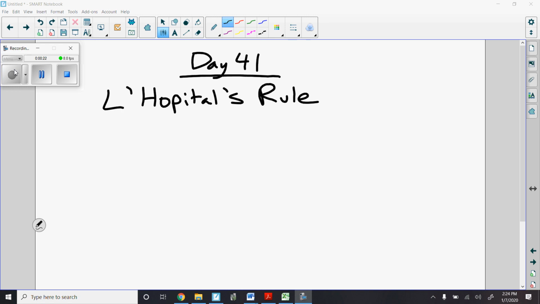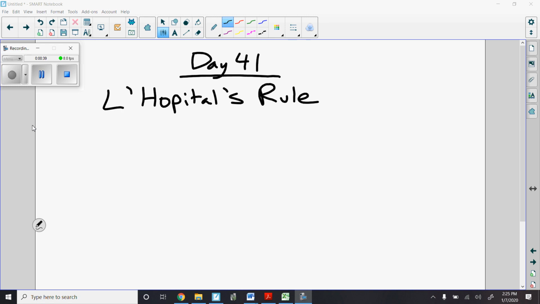So the first thing to know about L'Hopital's rule is it can only, and this is really, really important, and a lot of times they might try and trick you on the AP exam with this, L'Hopital's rule can only be used in an indeterminate form situation.